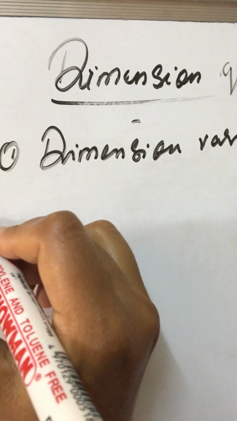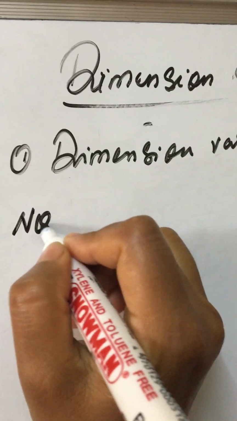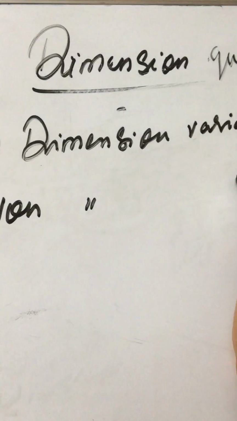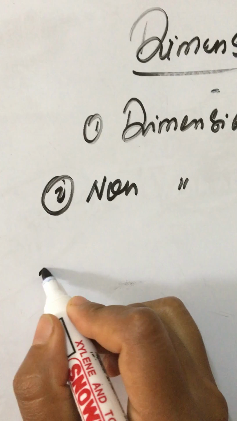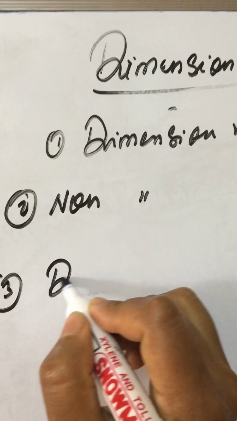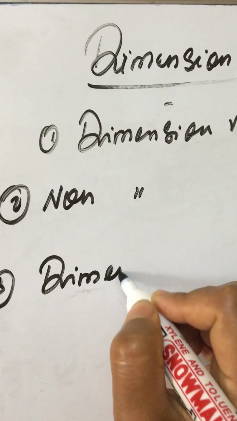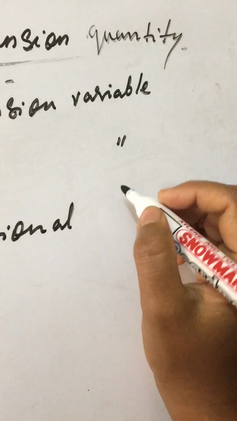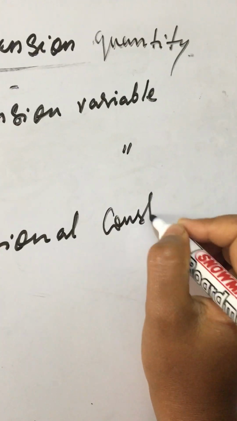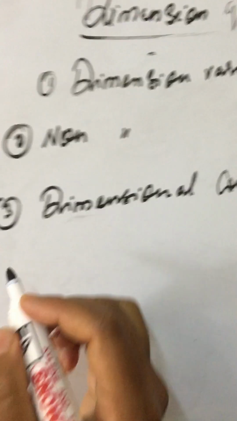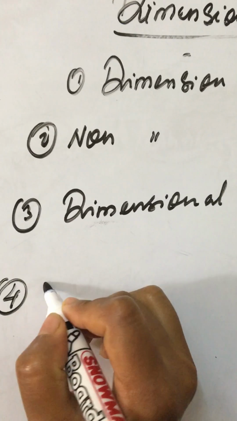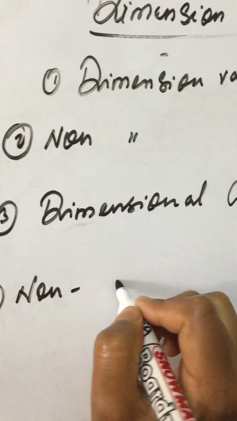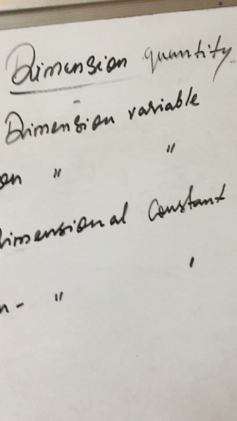Number 2 is non-dimensional variable. Number 3 is dimensional constant. And another one is non-dimensional constant. I'm not writing it.